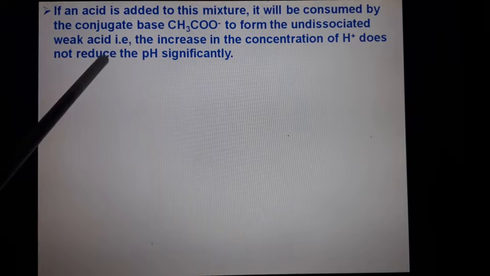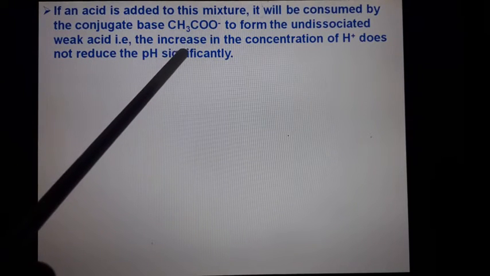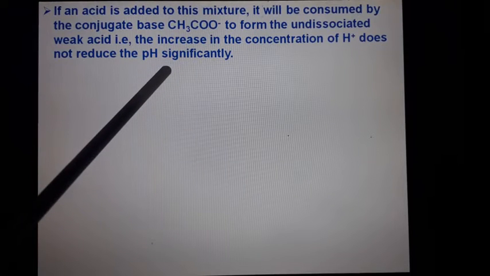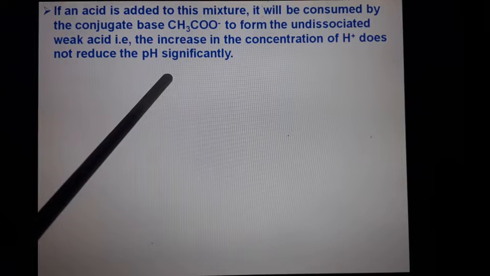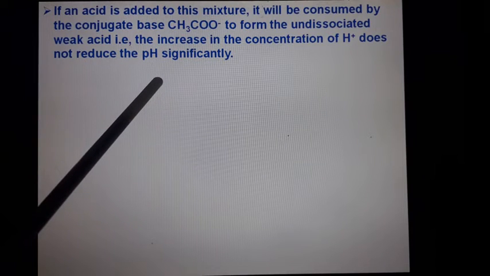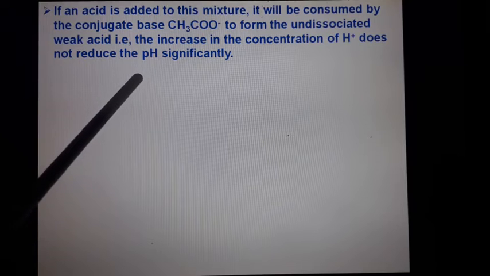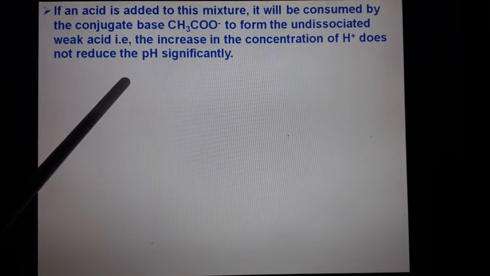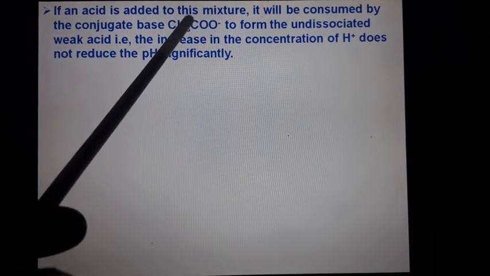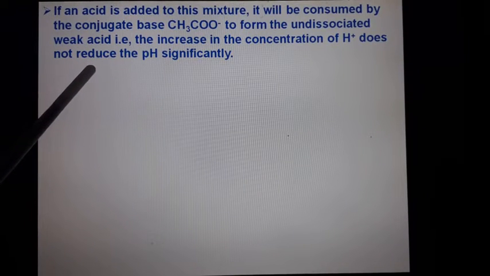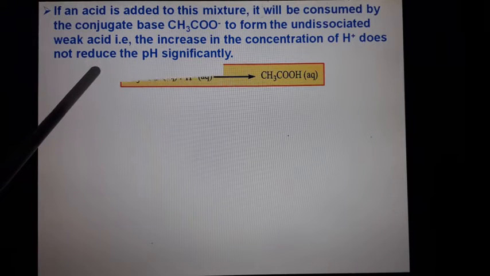So the increase in the concentration of H plus does not reduce pH significantly.